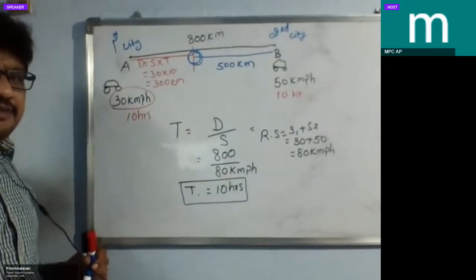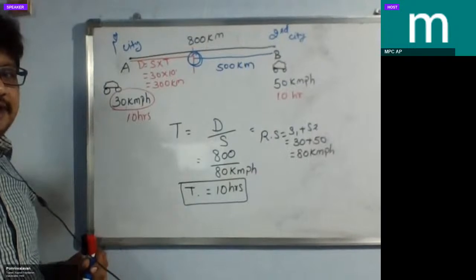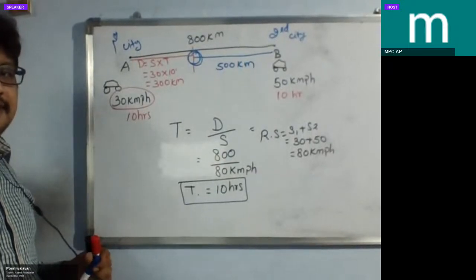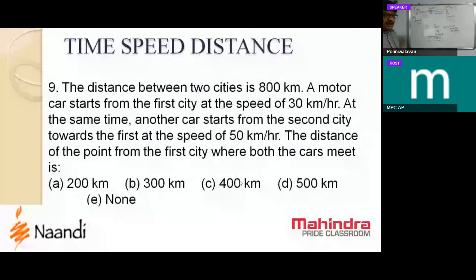Now read the question and tell me the answer. The distance of the point from the first city where both cars meet.